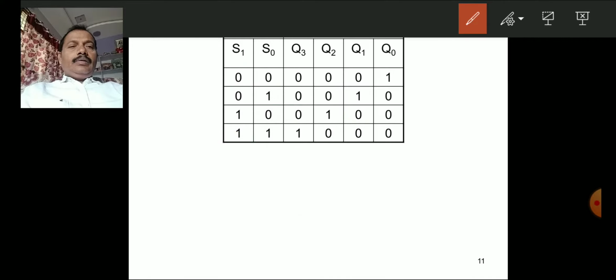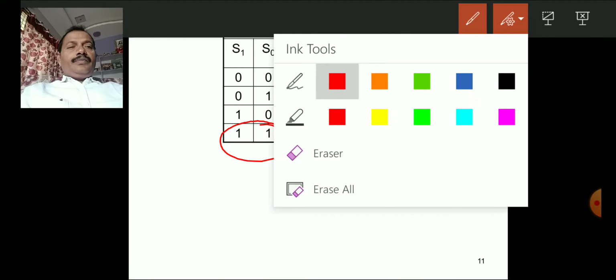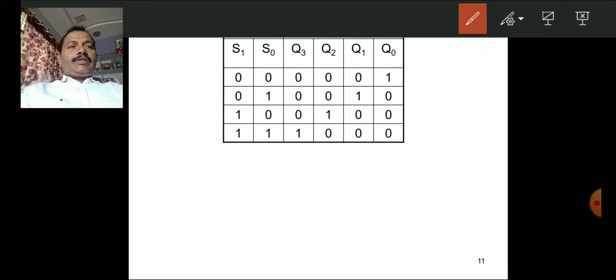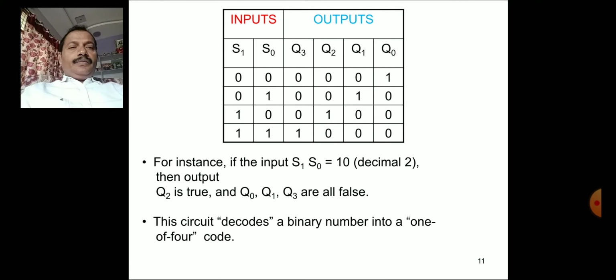And for the 11 combination, output Q3 is activated and all other outputs are zeros. So this is the truth table description of the decoder. For instance, if the input is 10, the output Q2 is true. This circuit decodes a binary number into a 1 of 4 code.